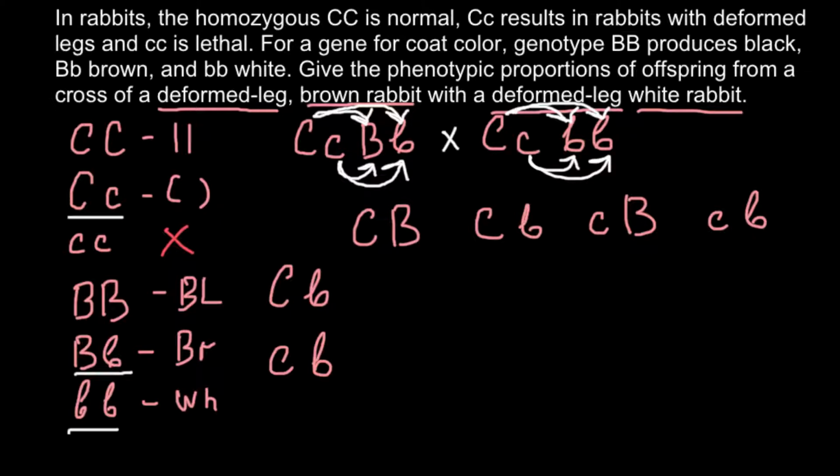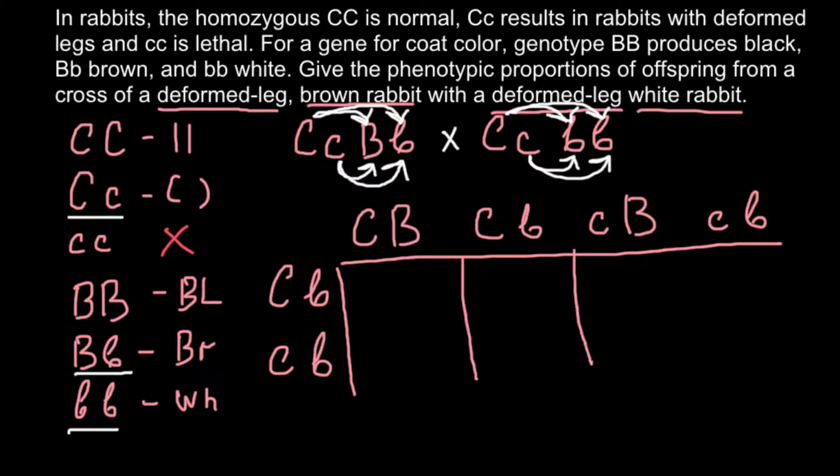As you see, the first parent would produce four types of gametes, and this parent would produce only two types: capital C small b and small c small b. Now we can build a Punnett square and find all the possible combinations that these two parents can produce.